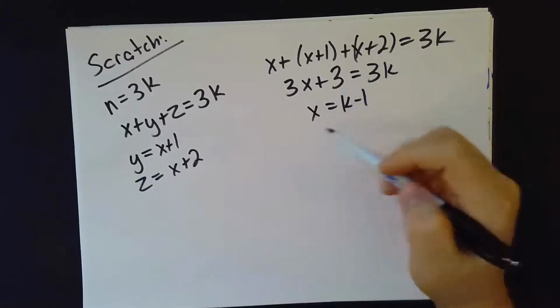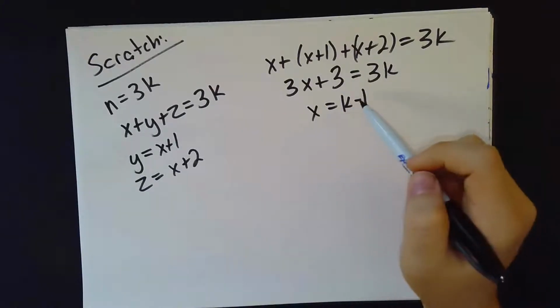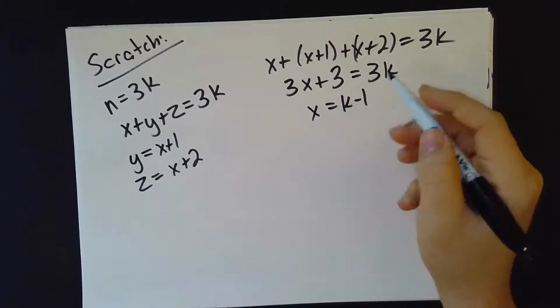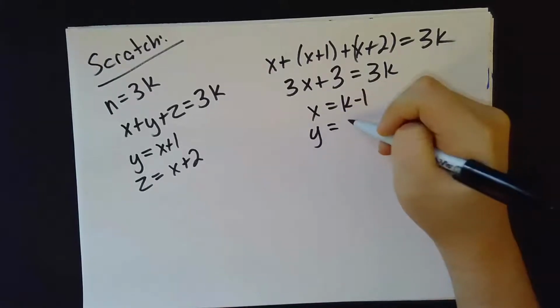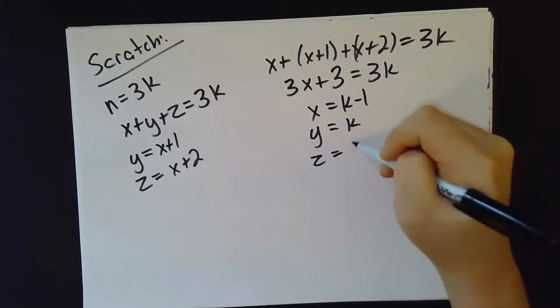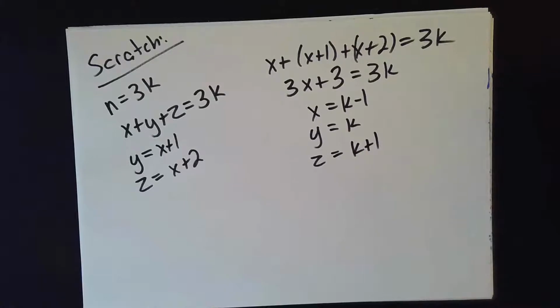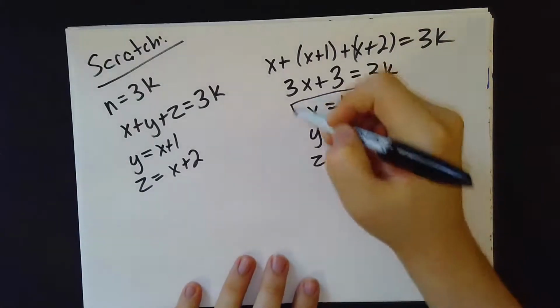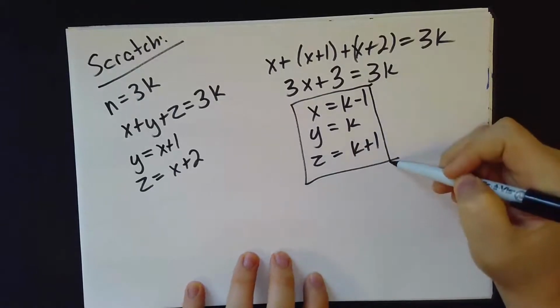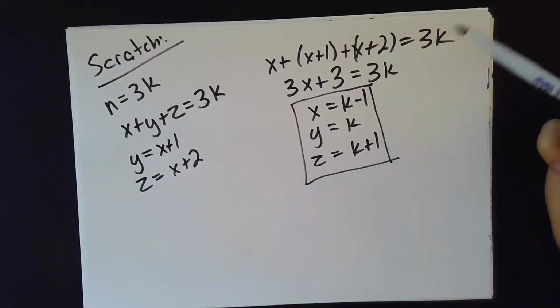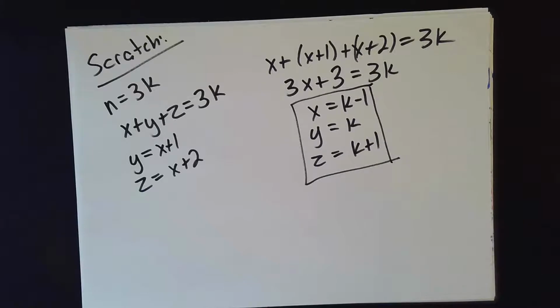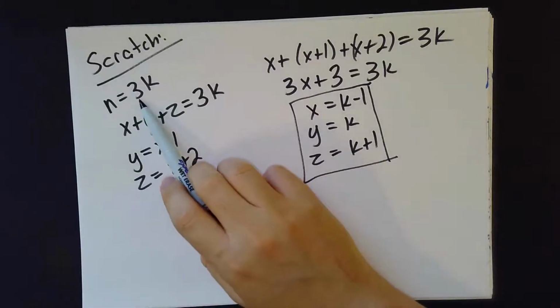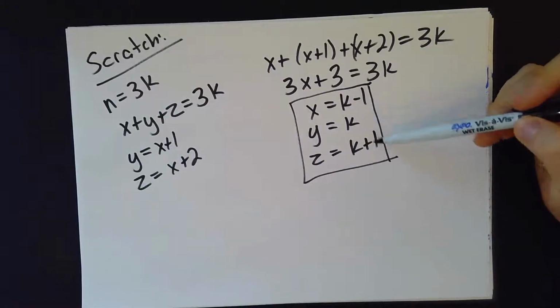And actually, if you look at this, you can sort of see what's happening here. If x is k minus 1, then y is k and z is k plus 1. And so really this is the heart of it. This is the thing that you either solve for the way we just did or guess that if I want 3 consecutive integers that sum to 3 times k, I add together k minus 1, k, and k plus 1.